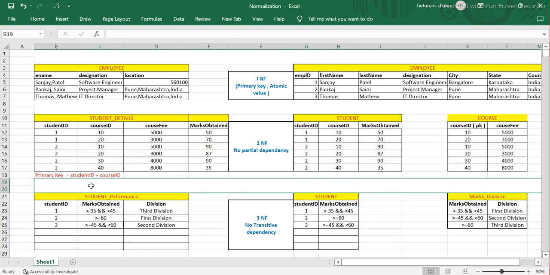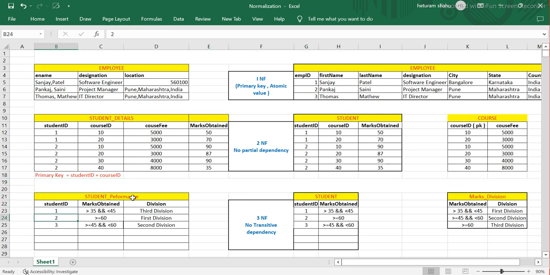Okay, so this is the example, guys. I have one table called student performance, with three columns: student ID, marks obtained, and division. If you carefully observe, student ID 1 has obtained more than 35 and less than 45, so that is a third division, right?